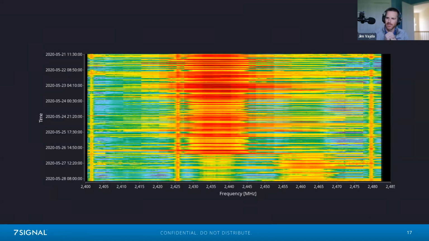It's really going to make Wi-Fi suffer, because Wi-Fi transmitters will defer and wait to transmit until they don't detect a signal or any energy on the channel, and there's a lot of energy out there on those channels.